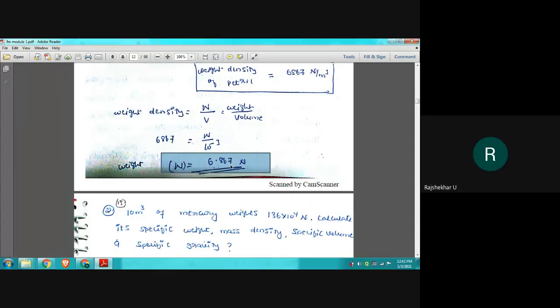So can anybody tell me what is the mass of 1 liter of petrol?